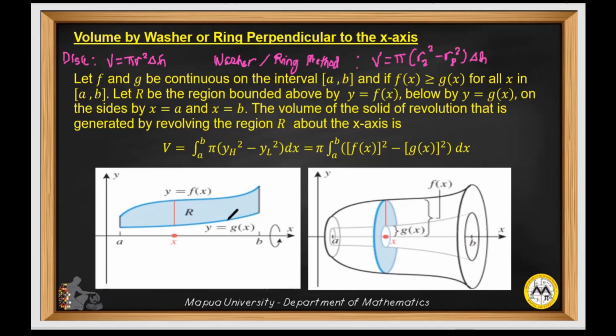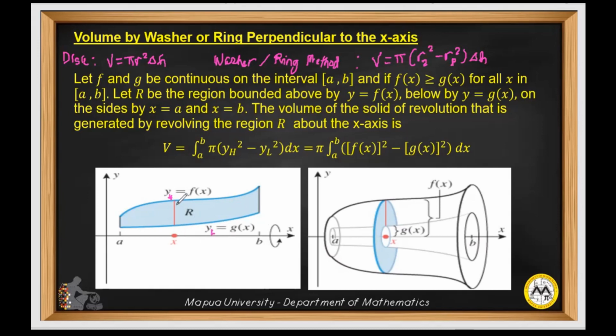Now, in the case where the axis of revolution is the x-axis and this is the region formed, the plane region R is bounded above by y = f(x) and below by y = g(x), so we will call the curve above y_H, and the curve below y_L.